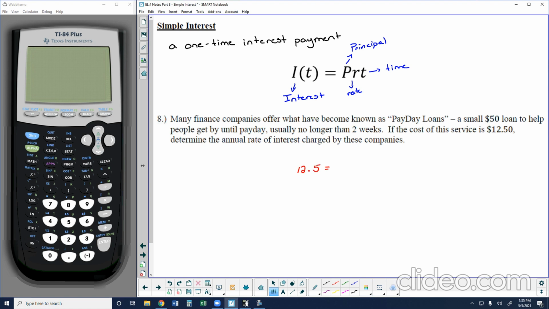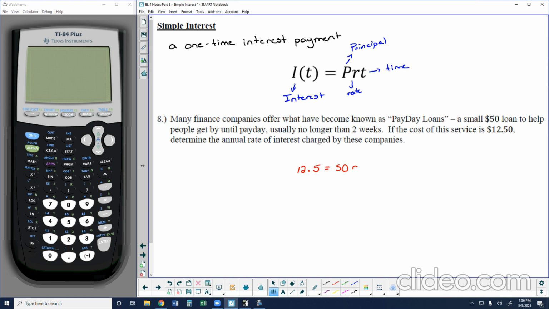The principal is the initial amount, the amount of the loan or the account balance, which would be $50. Now, in some cases, we are given an initial amount and a payback amount, and we have to find the interest. But in this case, they are giving us just the extra cost on top of the loan, which would be the interest. So we have interest, we have principal. What we don't have is rate.